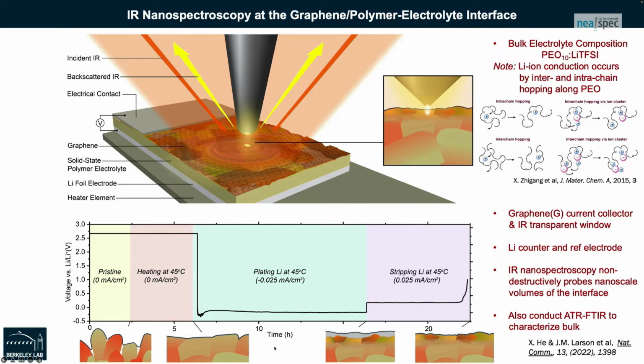Ultimately, as I hope I'll be able to convince you, we were able to glean from the Nano-FTIR data important physicochemical information that we could correlate to the processes that result in inhomogeneous SEI formation and electrolyte decomposition. Oh, and I'll just mention before I go to the next slide that the stoichiometry of the solid-state electrolyte here is PEO10 LiTFSI.